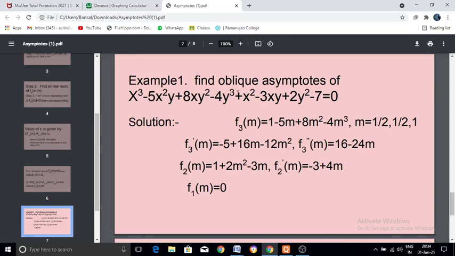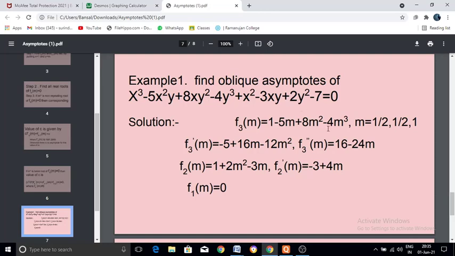The terms x cube, x square y, x y square and y cube are of degree 3, so this is f3. Put x equal to 1, y equal to m. So f3(m) equals 1 minus 5m plus 8m square minus 4m cube.